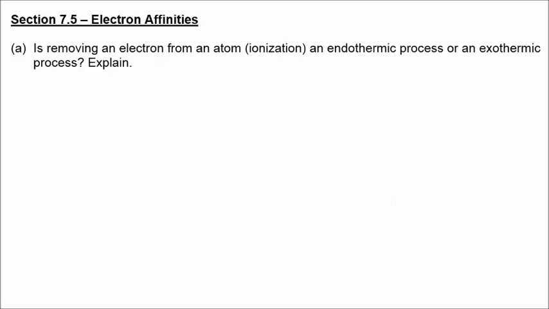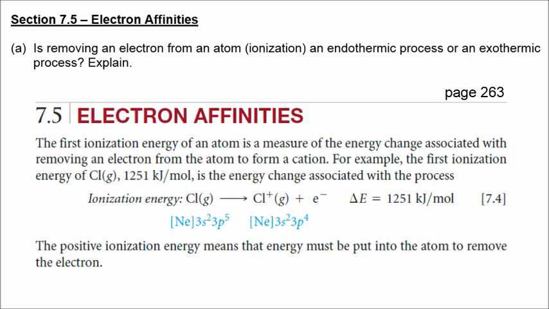Now we're on to section 7.5, electron affinities. Is removing an electron from an atom an endothermic process or an exothermic process? Well, the first ionization energy of an atom is the measure of the energy required to remove an electron. That's an endothermic process.